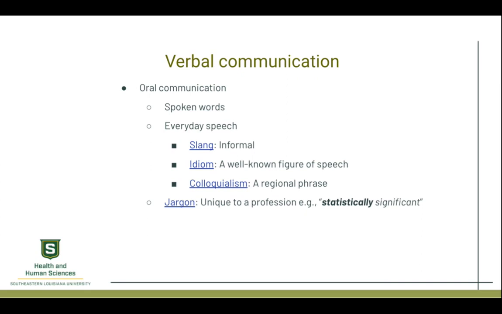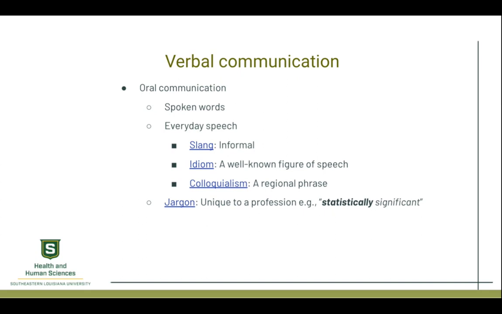And then you have jargon. Jargon is kind of unique to professions. An example would be saying something is statistically significant. Now, statistically significant means something entirely different from significant. But someone who is not trained in statistics is not going to be able to tell the difference. They're only going to hear significant and think that you're saying the same thing, but you are not.